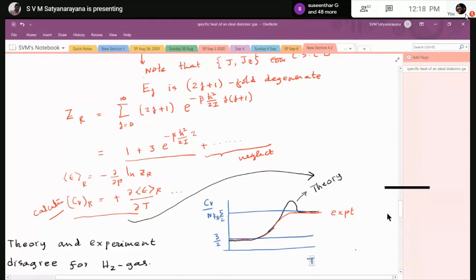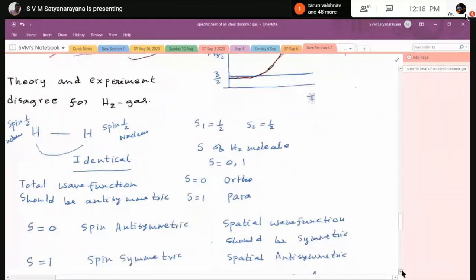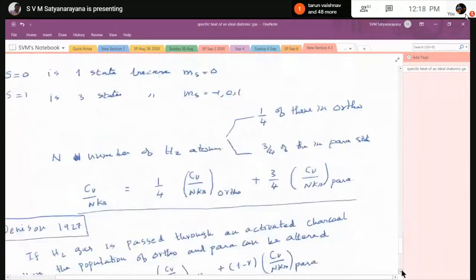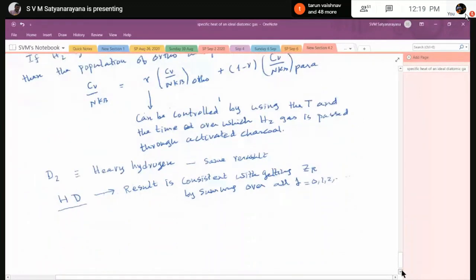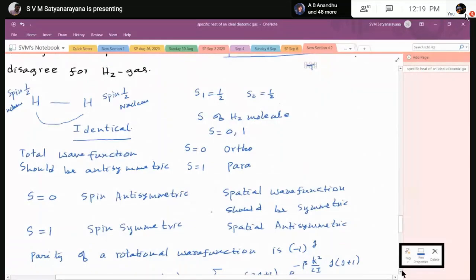When you calculate this appropriately, you get the correct experimental results out of the theory if you use partition functions calculated based on the symmetric and anti-symmetric requirement of the spatial wave function.